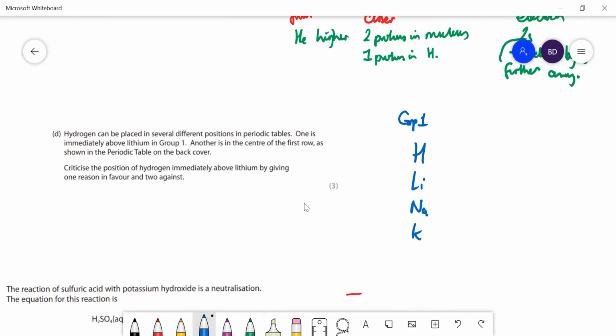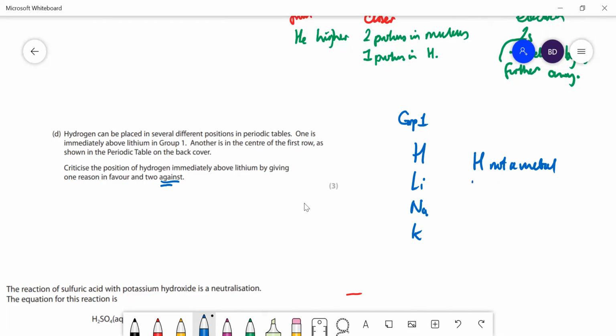Give one reason against this. Let's do against first. Well, hydrogen is not a metal. Then we've got to give 2 against. That's 1 against: hydrogen is not a metal.